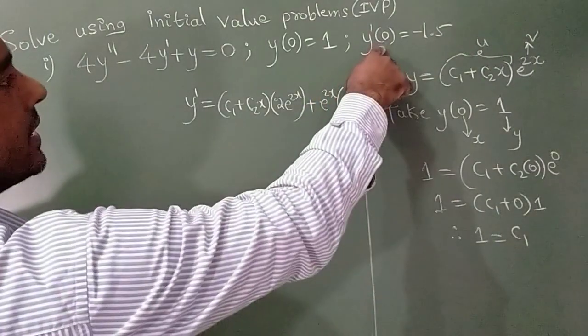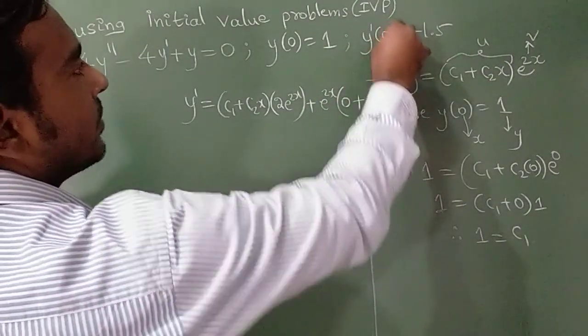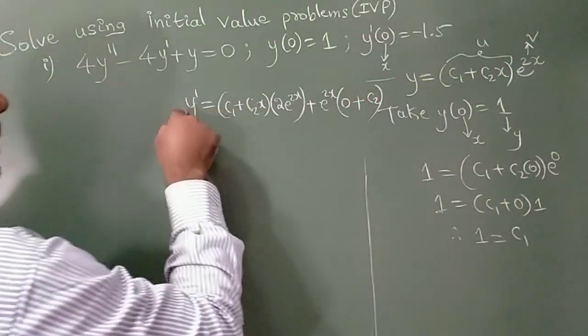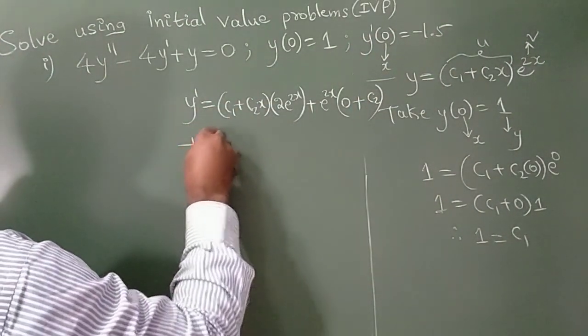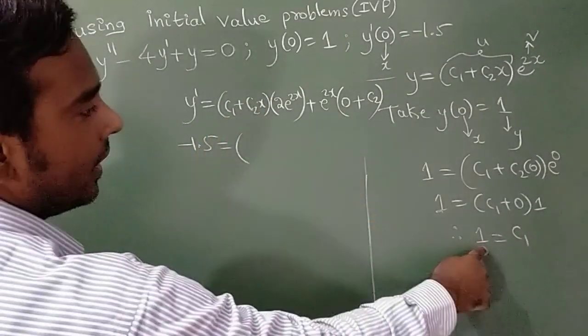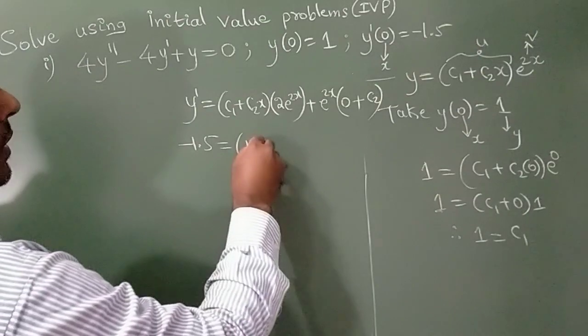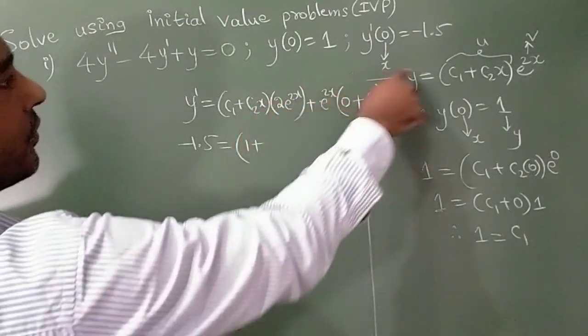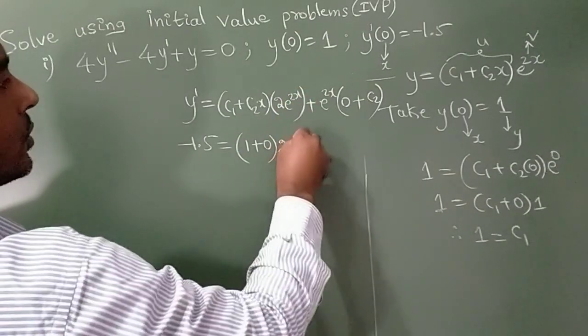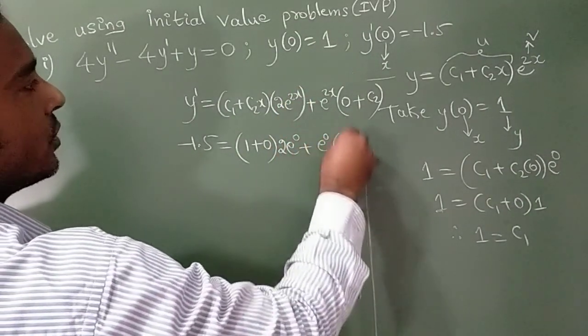Now substitute this. Now x value will become 0 and y dash value will become minus 1.5. So in place of y dash, I must write minus 1.5. Here c1 I have already got 1. So in place of x, I must write 0. So 2 into e raised to 0. Here also e raised to 0.